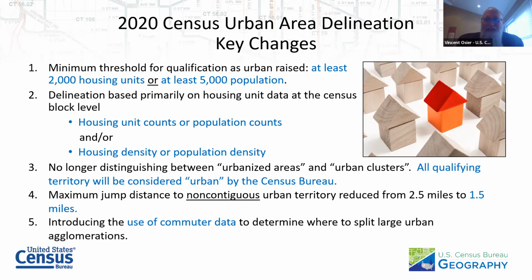So the first thing is, as I was alluding to in the last slide, we upped the population threshold, and I'll get into the housing unit threshold too, but up from that 2,500 to 5,000.